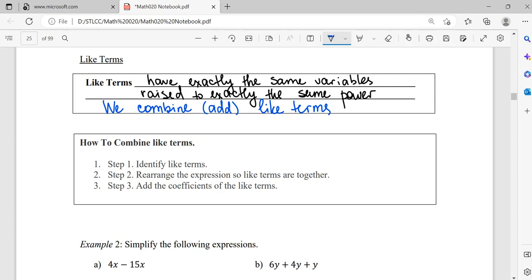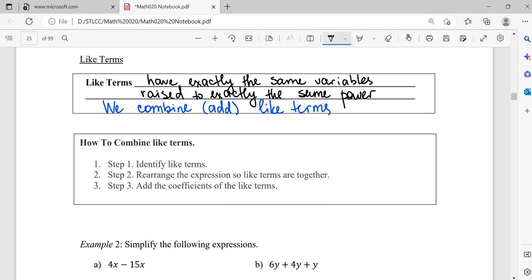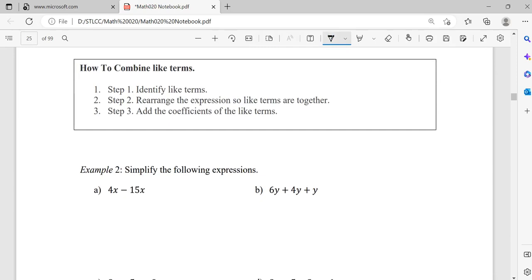The coefficients are the numeric numbers in front of your variables. Coefficients are numbers. Remember we talked about variables and constants, so coefficients are your constants, numbers.